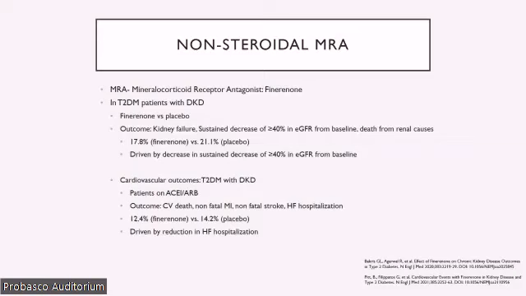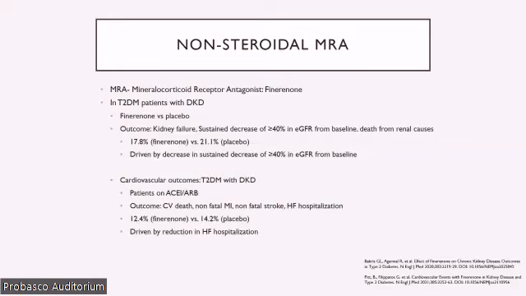So currently its place in therapy is behind the SGLT2s as far as renal protection, but is still giving us an option for patients that can't tolerate ACE and ARB and can't tolerate an SGLT2. We have our next option for kidney protection.